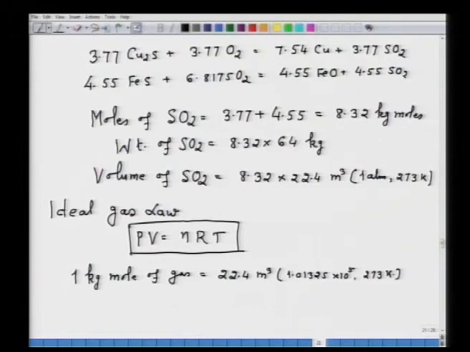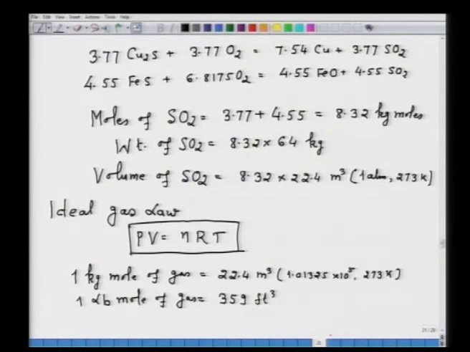That is all known to us. Also, 1 pound mole of gas is equal to 359 feet cube. I think I had given it elsewhere, but anyway, this is also as information.